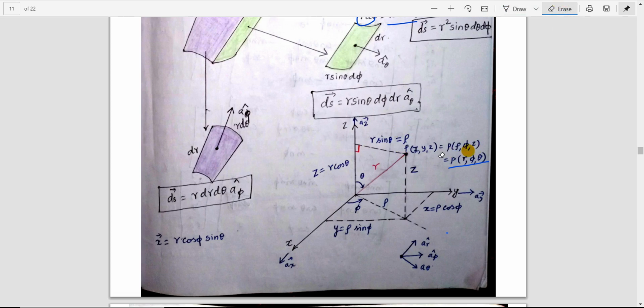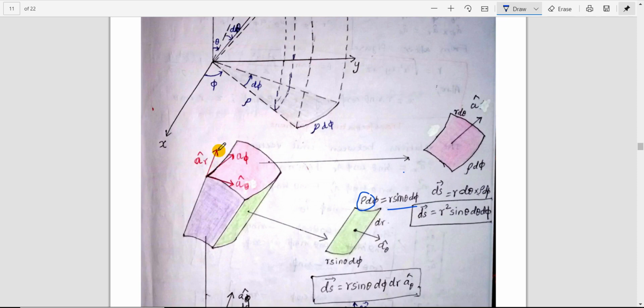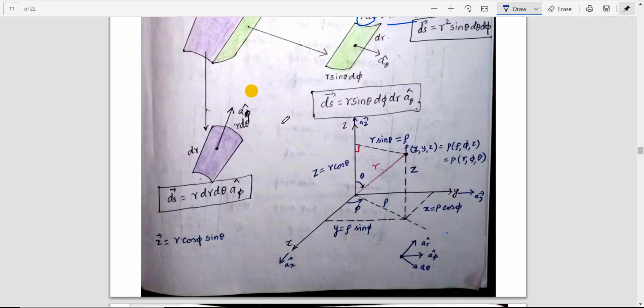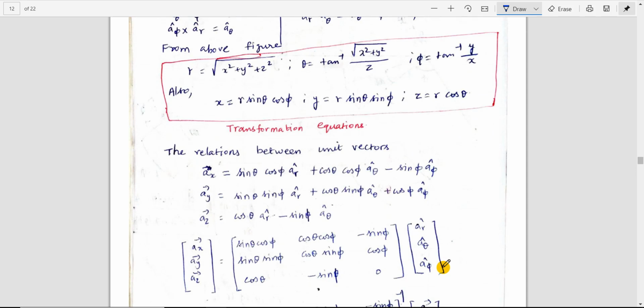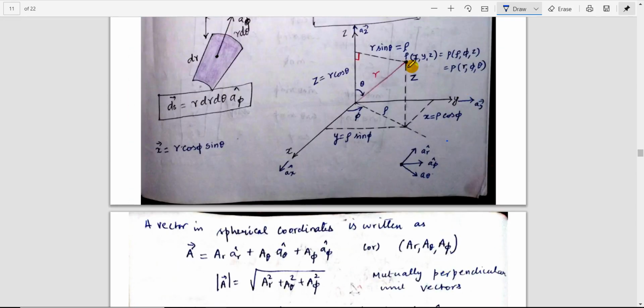Now if you are going to mention it in the form of unit vectors, we can mention it like this. As we have seen in this diagram also, we are representing the same thing on this particular vector. Why am I doing this? There is a reason: we are going to derive expressions for spherical coordinate systems, so we need some base vectors, so that from those base vectors we can represent the components.